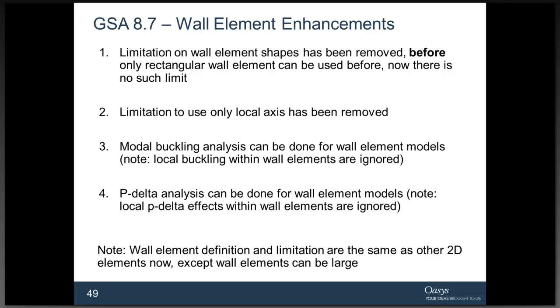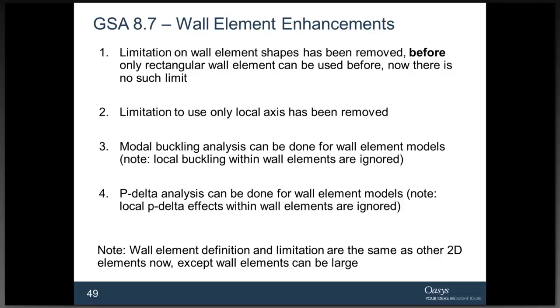Before, if you wanted the primary direction vertical, you had to manipulate the topology of the wall element to make sure all the wall element primary directions were vertical. Now you don't need to do that. You just define your 2D element in any way. Then using axis, you define the x direction to be the vertical direction. So in this case, you can plot the moment forces in the primary direction without too much effort.